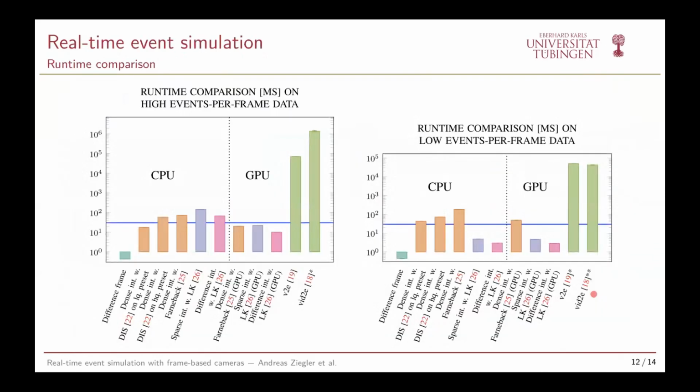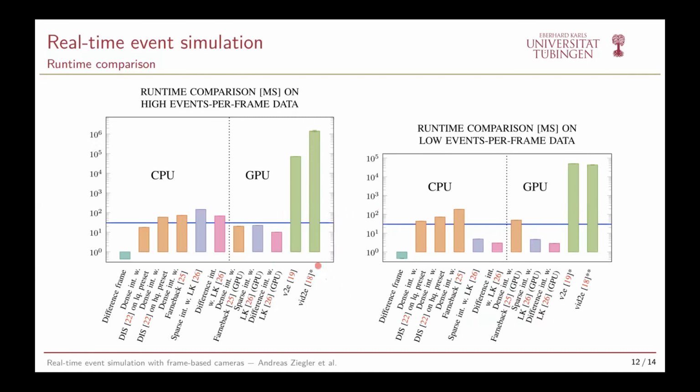As I mentioned, real-time runtimes are very crucial for us. On the left-hand side, we see the runtimes for the car dataset, and on the right side for the table tennis dataset. Both are in milliseconds, and the y-axis is in log scale. The blue bar indicates 30 milliseconds, which we consider as real time.